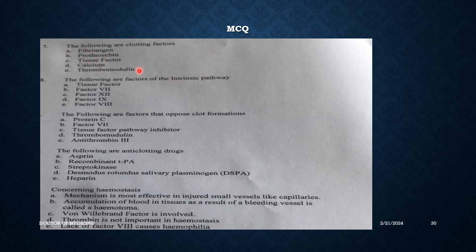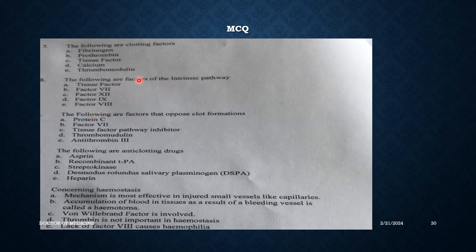This is clotting factor 3, the one that's going to initiate the extrinsic pathway of the coagulation cascade. Calcium, very true. This is our clotting factor 4. Thrombomodulin, no. Thrombomodulin acts in the anticoagulation cascade. It's a cell surface receptor on the endothelial cells.